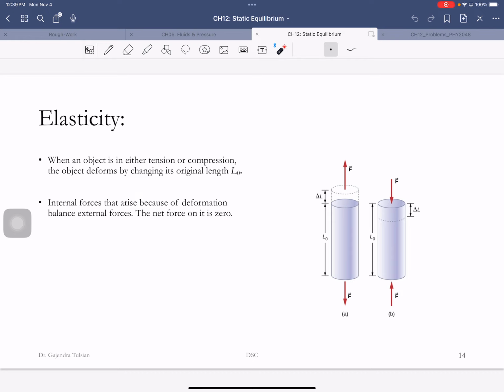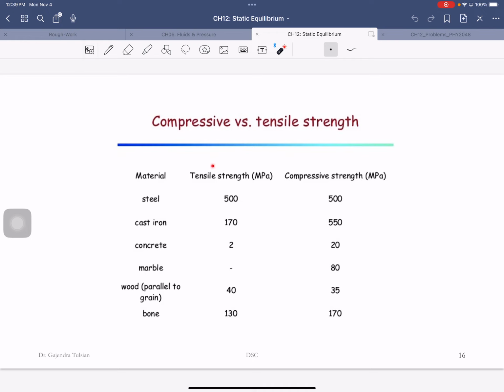Now here's a very interesting point. I'll jump the gun and show you this table. So this is the tensile strength. The strength tells you what kind of stress you need to apply when the object is compromised, meaning it breaks. So tensile strength is what tensile stress you apply when the object breaks.